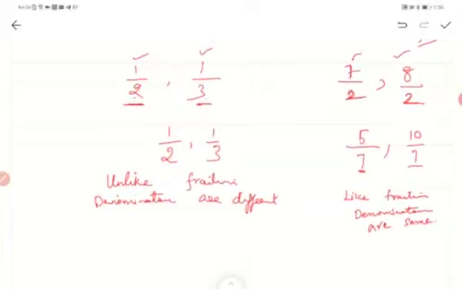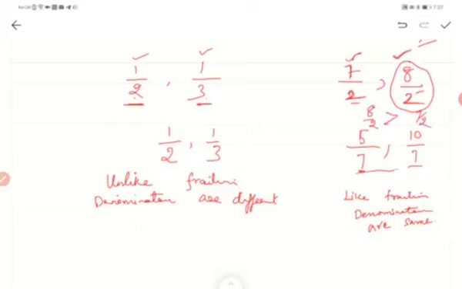So out of 7 by 2 and 8 by 2, 8 by 2 is the bigger fraction. How do you say that? Because the denominators are the same, you compare your numerators. 8 is greater than 7. Therefore, 8 by 2 is greater than 7 by 2.